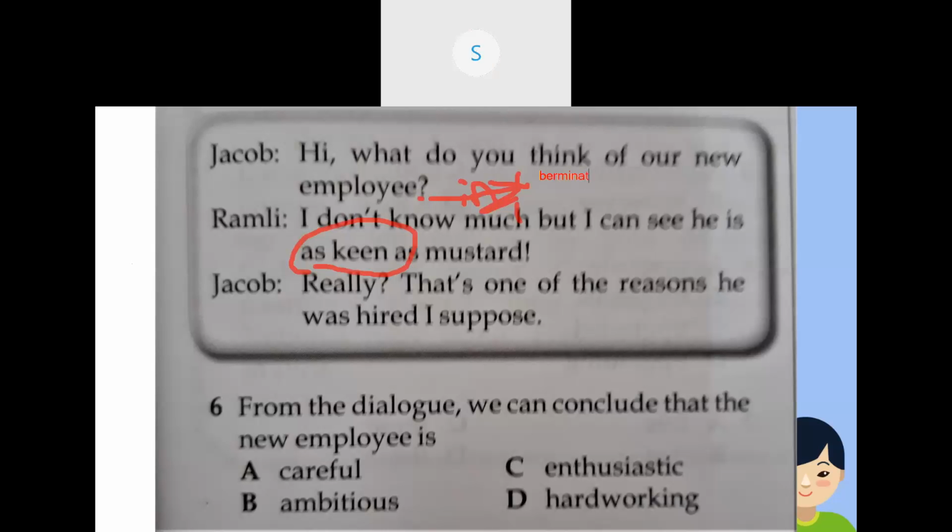It can't be careful or ambitious, I think. So I think it's ambitious. I told you C or D. Teacher, what is enthusiastic? It means when you do something that you like. It's like very happy, right? Macam bersemangat.